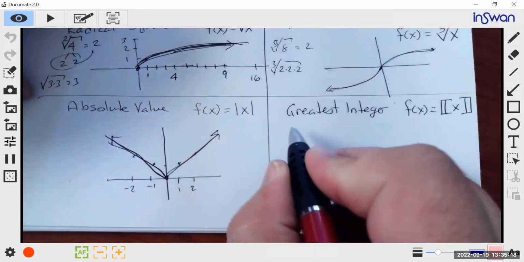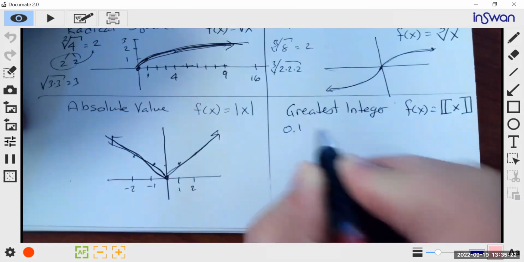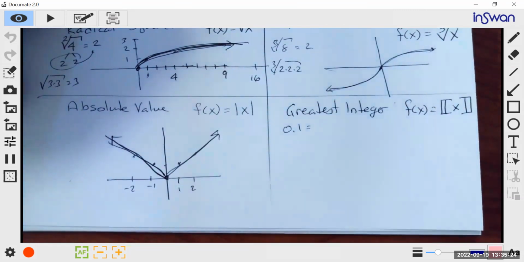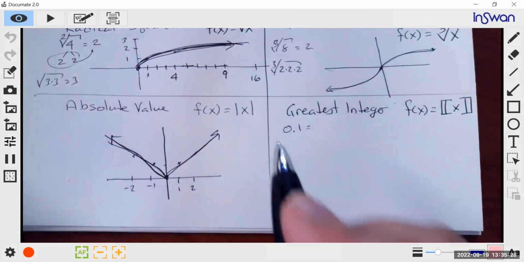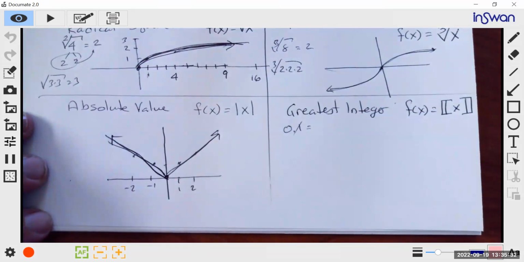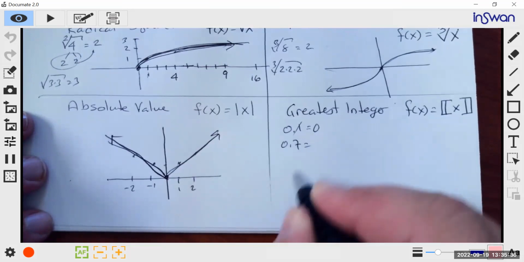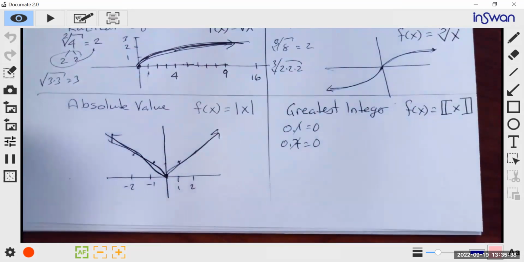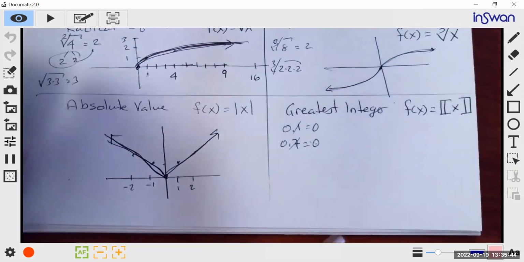What it does, if I have the number 0.1, basically all I do there is I drop the decimal, so it becomes 0. If I have 0.7, drop the decimal, it becomes 0.